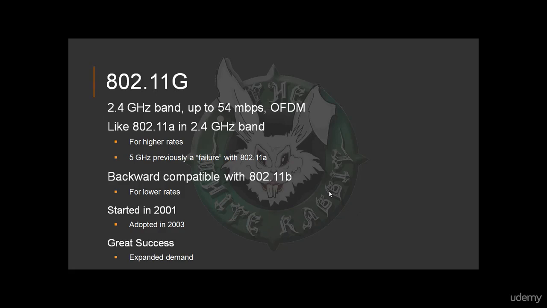This came out in 2001, and it was a great success. Because of these backward compatibility reasons, it's more cost effective to make multi-mode Wi-Fi devices that support both 802.11b and 802.11g. So it was a great success.